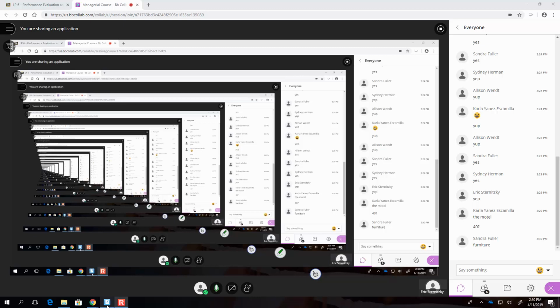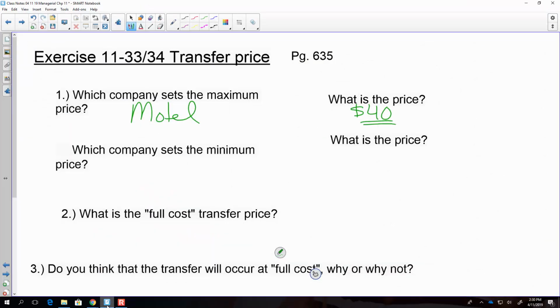Yeah, the furniture company sets the minimum price. So I'm going to put right next to their names buyer, and seller sets the minimum. And what is the minimum price that the seller is going to want to sell it for?